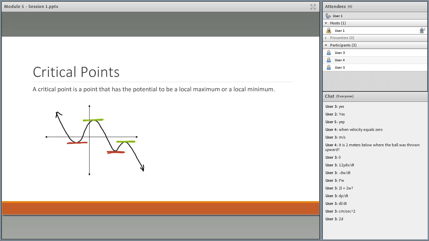There's something called an absolute maximum, or another word for it is a global maximum. We'll talk about those later as well. But right now, just going to talk about a local maximum or a local minimum. What do we notice about these four different places? Do we notice anything that they all have in common?